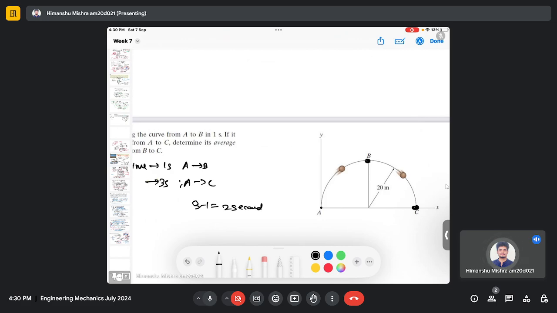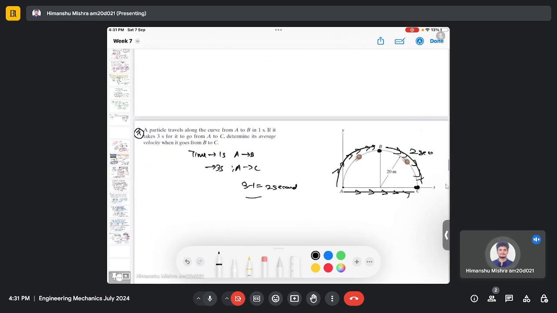Which is very obvious, because if it is taking 3 seconds to move from A to C and 1 second to move A to B, it should take 2 seconds to move from point B to C.